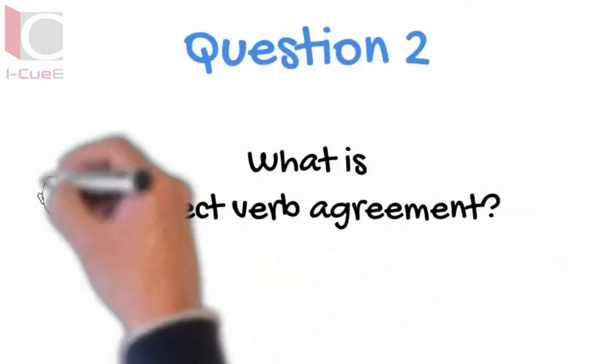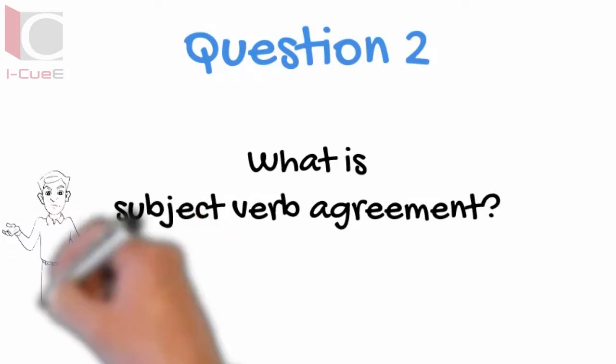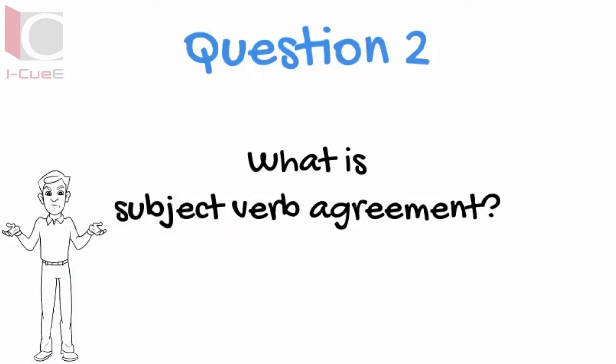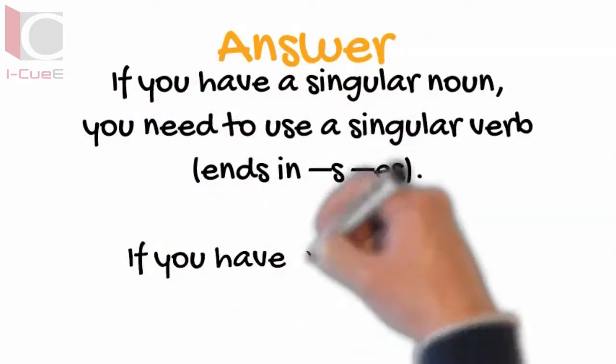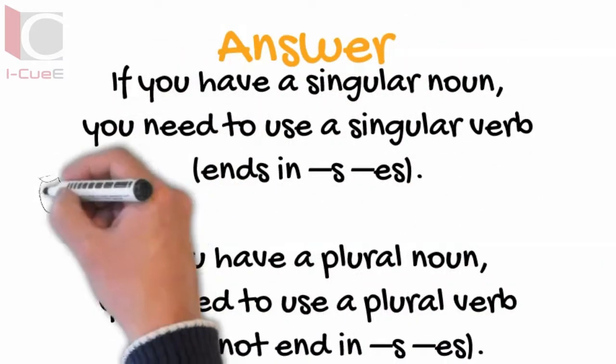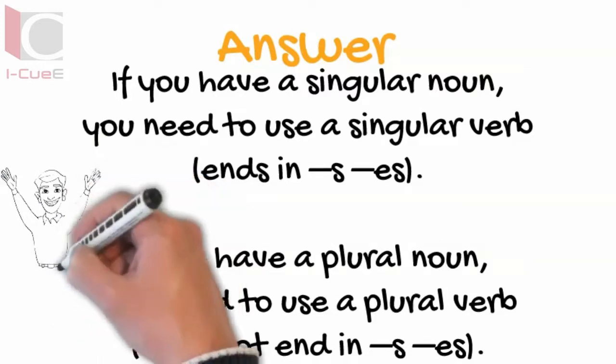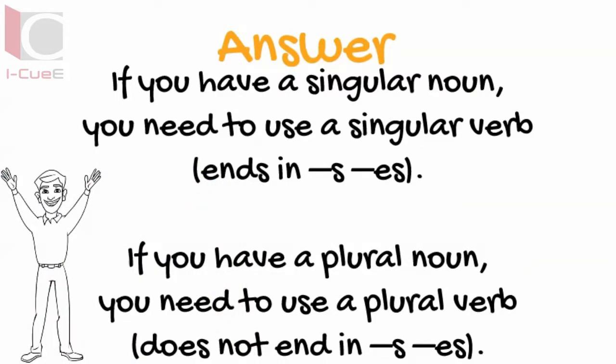What is subject-verb agreement? If you have a singular noun, you need to use a singular verb. Ends in s or es. If you have a plural noun, you need to use a plural verb. Does not end in s or es.